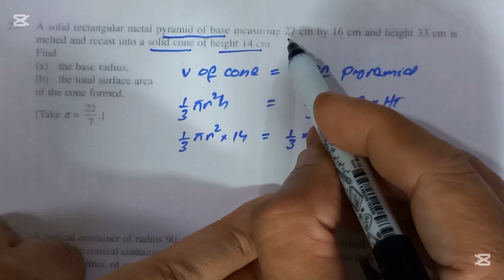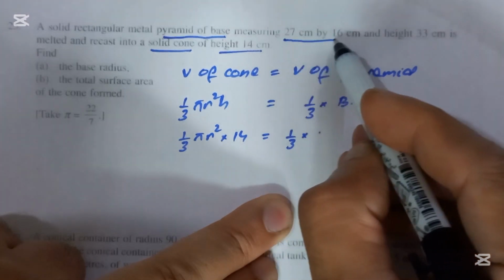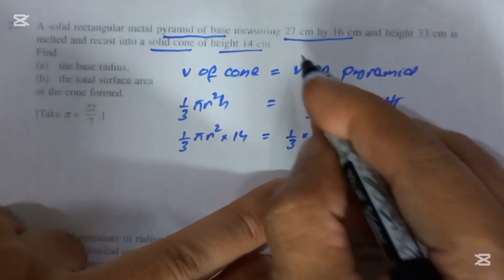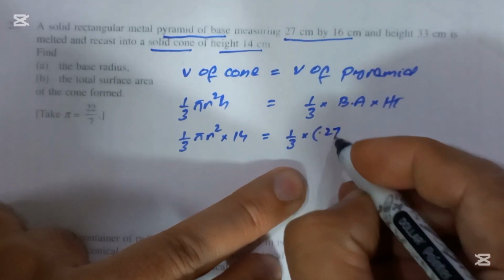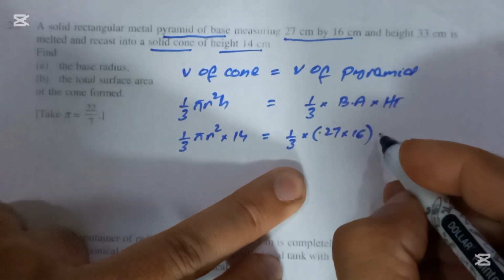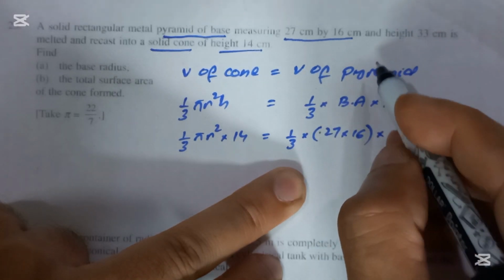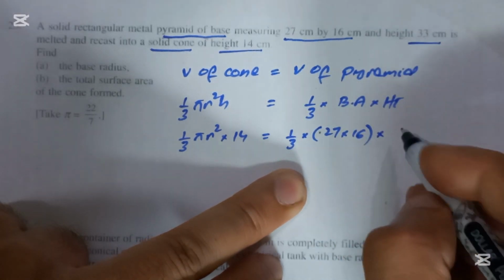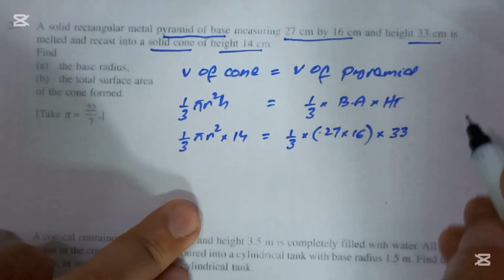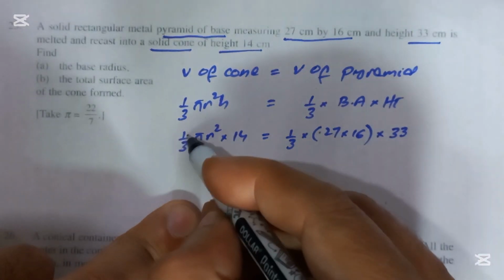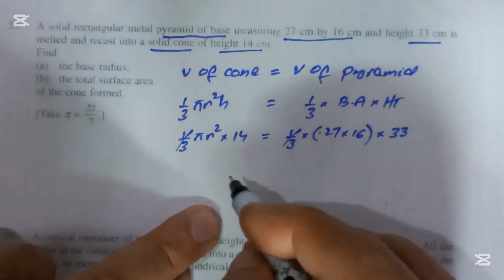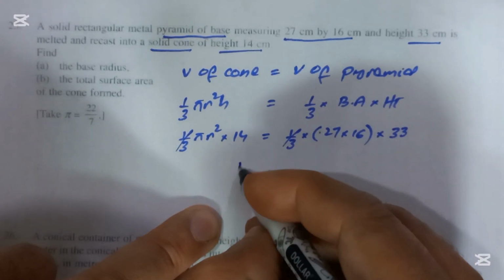The pyramid is a rectangular pyramid, so the base area will be 27 into 16, length into width is the formula applied here, and height of the pyramid is 33. Okay, now cancel some values. 1 by 3 will be cancelled on both sides, and now find the r square.